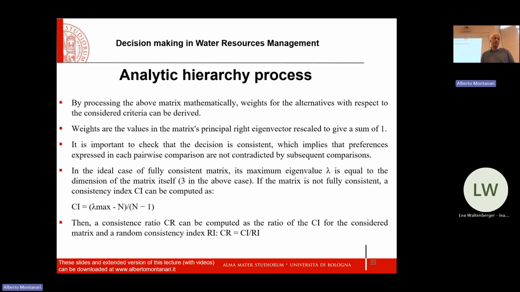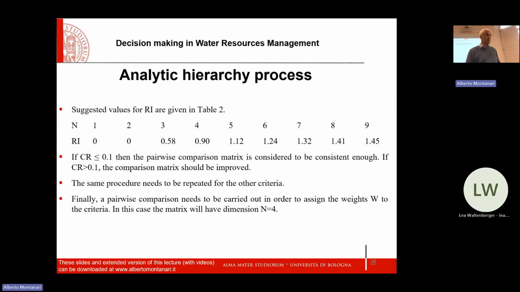So basically, if this ratio is 1, it means that your CI is representative of a matrix that is not consistent. And then there is a table here, and there are suggested values for the statistic RI.